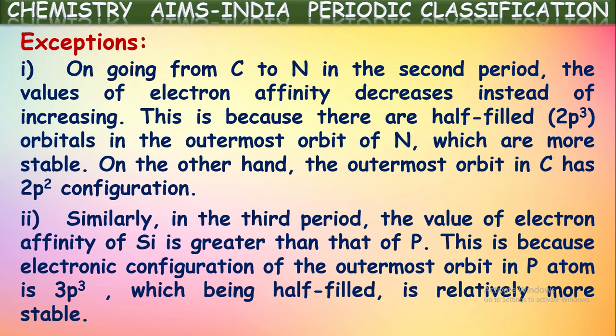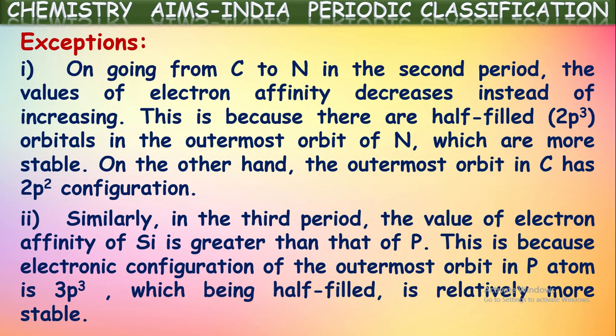Similarly, in the third period, the electron affinity for silicon is greater than that of phosphorus. Actually, from silicon to phosphorus it should increase because size is decreasing, but phosphorus has lower electron affinity than silicon. Here also the reason is the same: the half-filled configuration of phosphorus.